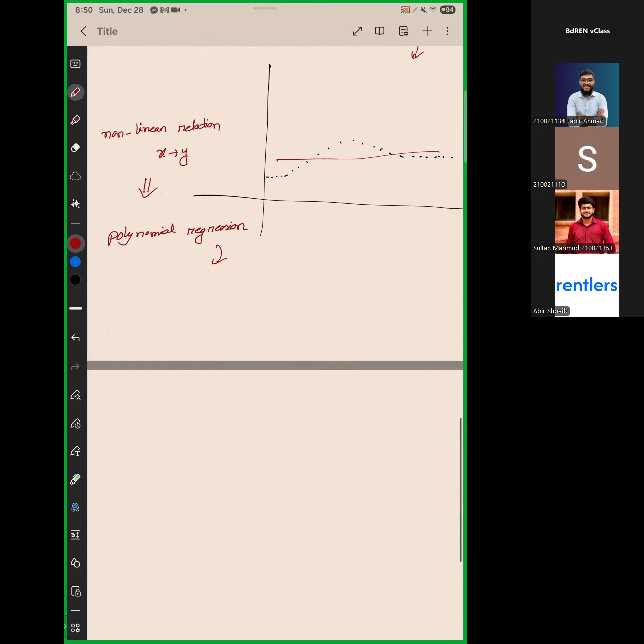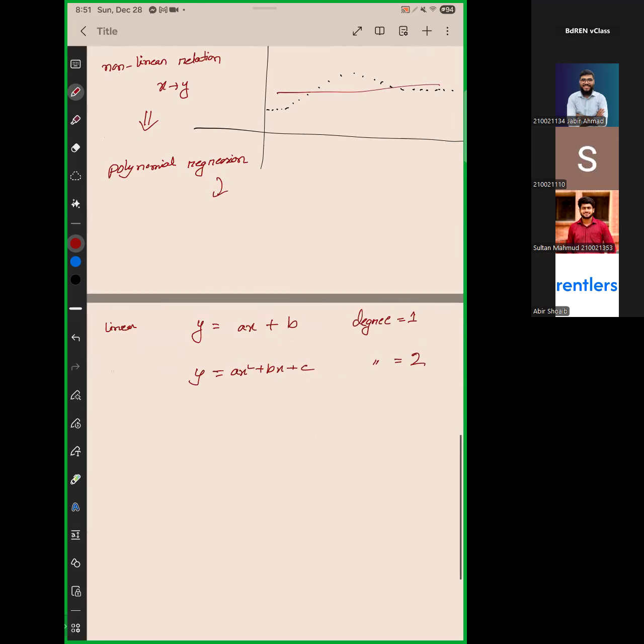Our original assumption was y equals ax plus b. So what is the degree of x here? 1. Yes, this is degree 1, so this is called linear. If y equals ax square plus bx plus c, what will be the degree? 2. This is called quadratic.